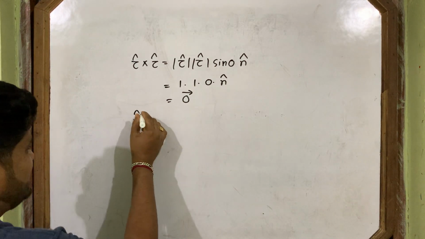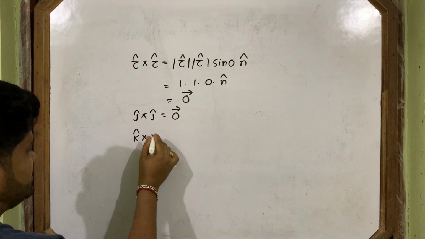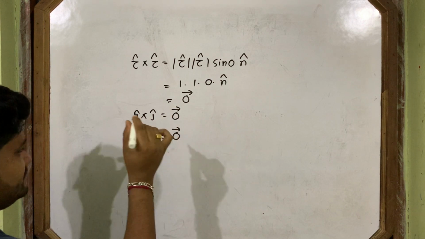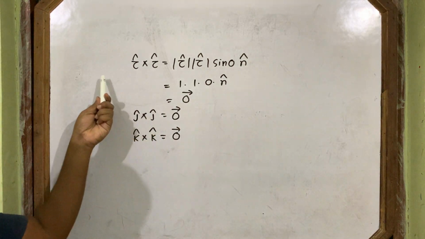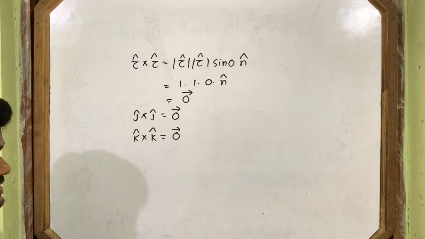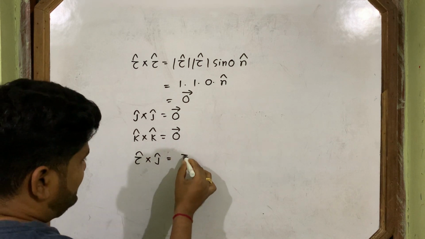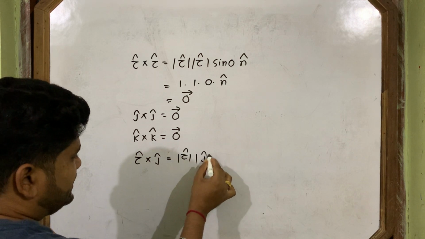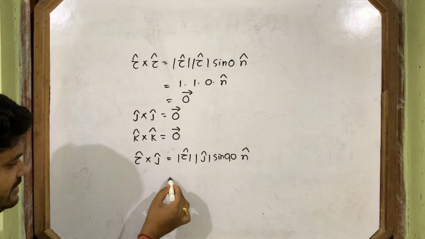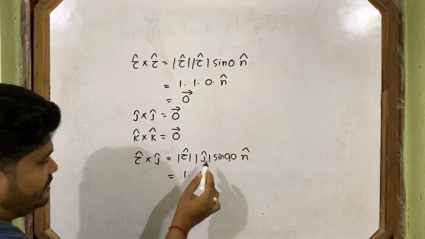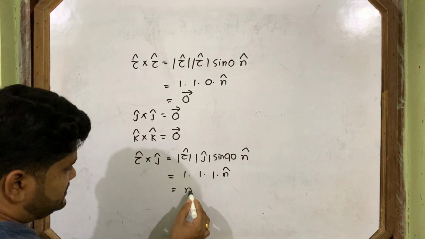Similarly, j cap cross j cap is equal to 0, k cap cross k cap is equal to 0. So these are the cross products of same, equal unit vectors. But if I do I cap cross j cap, then |I cap||j cap| sin 90 n cap. You know the unit vector magnitude is 1, so this is 1, this is 1, and this is n cap. So the answer is coming n cap.